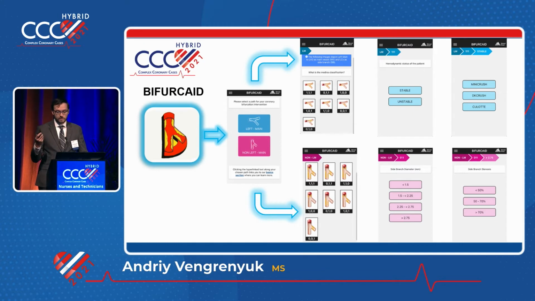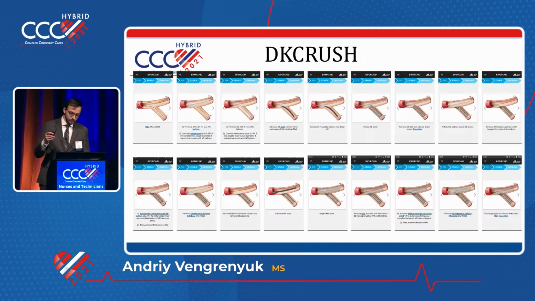You're asked subsequent questions such as what's the status of the patient, what's the side branch diameter, the degree of stenosis, and either a dedicated 2-stent technique is recommended if the stenosis is significant, or you might start with a provisional approach and then you evaluate the status of the patient progressively through more and more questions, and it'll guide you all the way through to bailout techniques such as TAP and reverse crush.